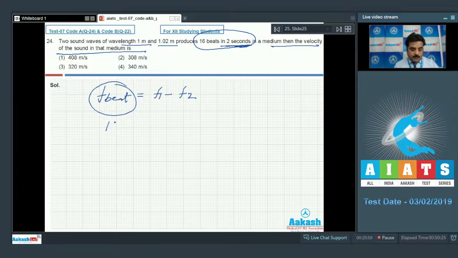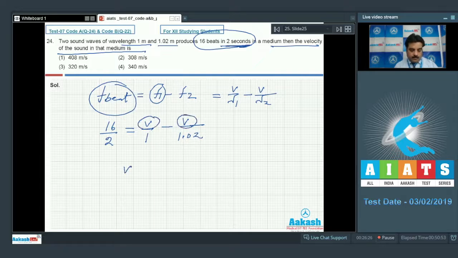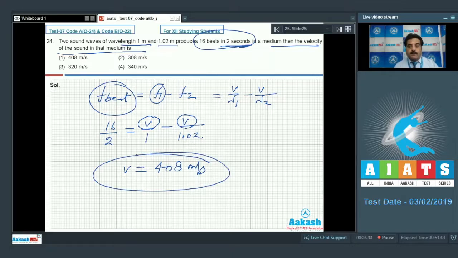So you will write the number of beats per second, meaning divide by 2.